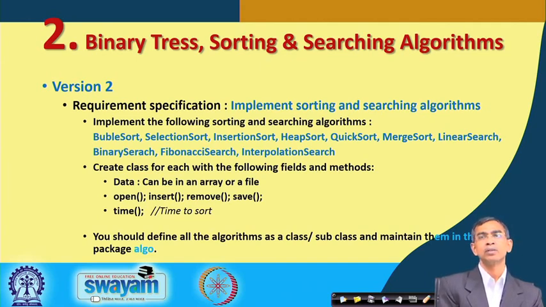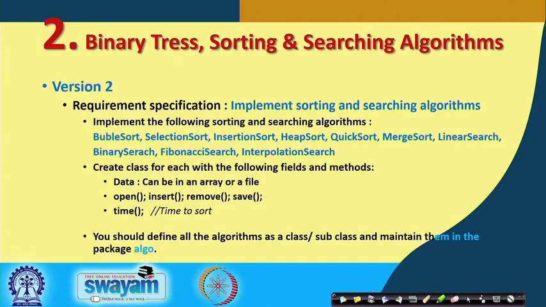All those methods you can implement for each sort technique. And another method is time, which is how much time a sorting algorithm requires to complete the sorting or a searching task. So, time you can also use as a method for a particular class, and all the implementation under this category can be put into the package algo.